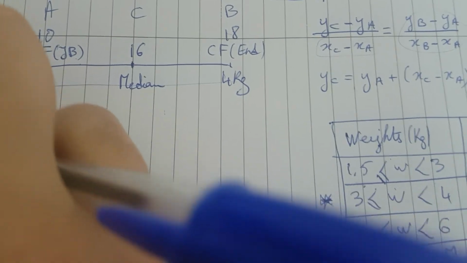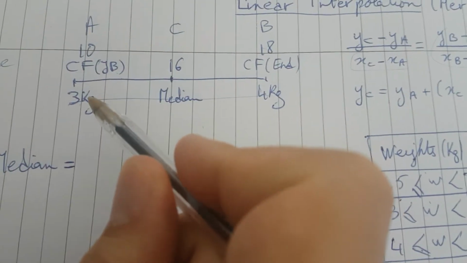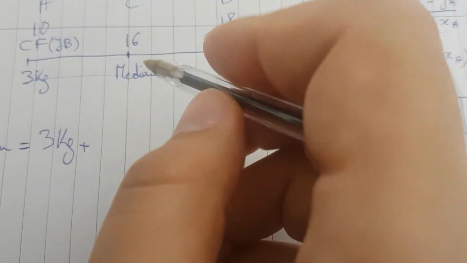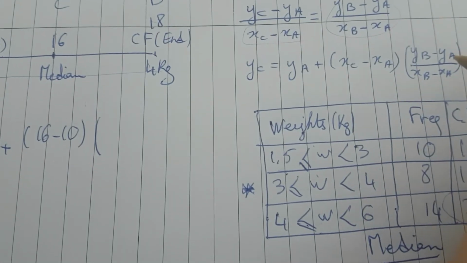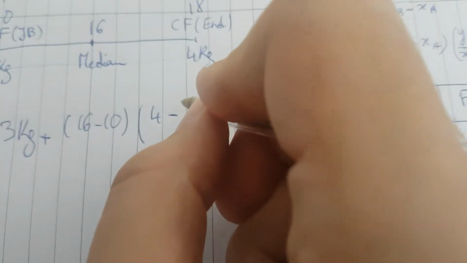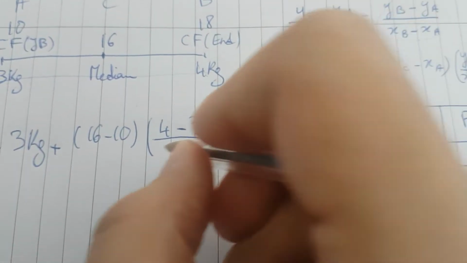So the median, or YC, is equal to YA, which is 3 kilograms, plus XC minus XA, which is 16 minus 10, times YB minus YA, where YB is 4 kilograms minus YA, which is 3 kilograms, over XB minus XA, where XB is 18 minus XA, which is 10.